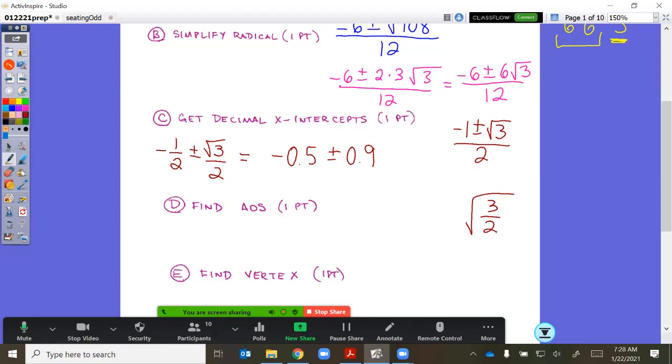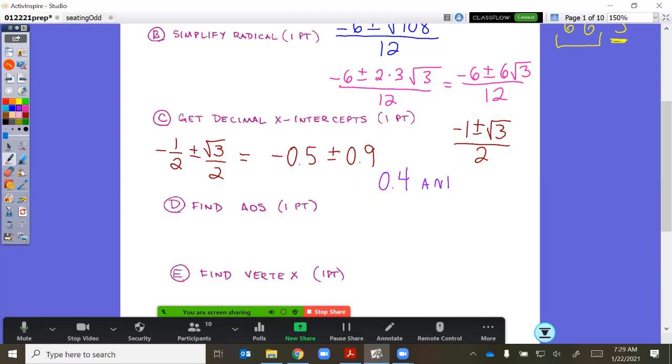All right, so here's what we have, and we're going to get the 2 decimal numbers. So when I say negative 0.5 plus 0.9, what is that going to give me? 0.4.